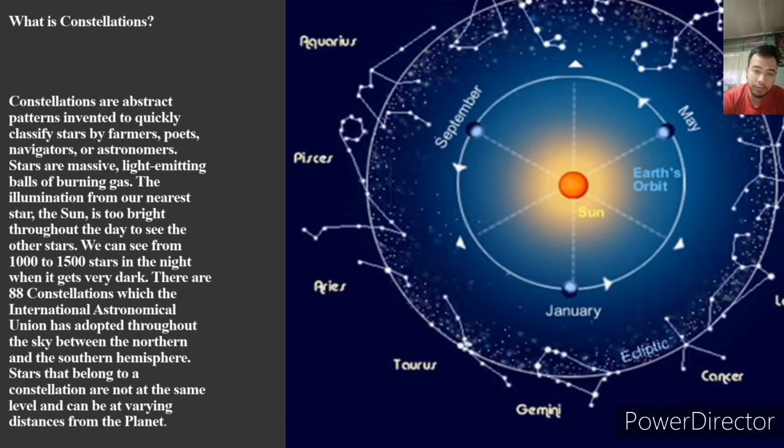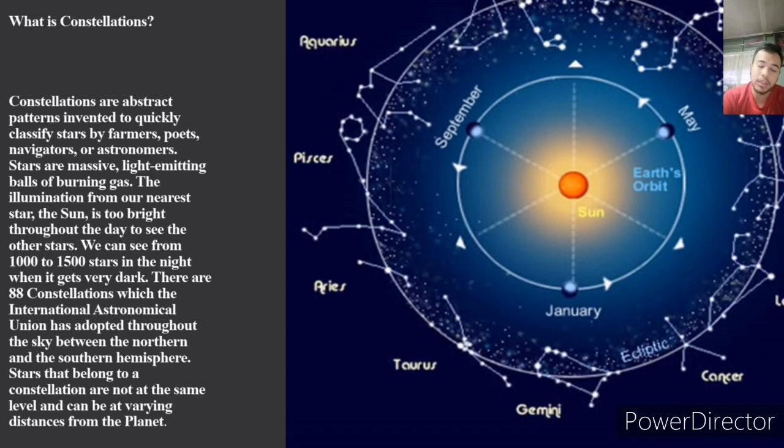The illumination from our star, the sun, is too bright throughout the day to see the other stars. So we can see about 1000 to 1500 stars when the night comes, because it gets very dark.